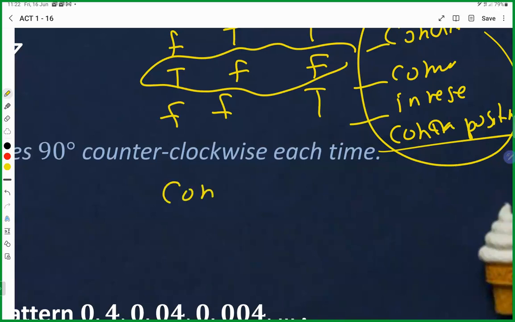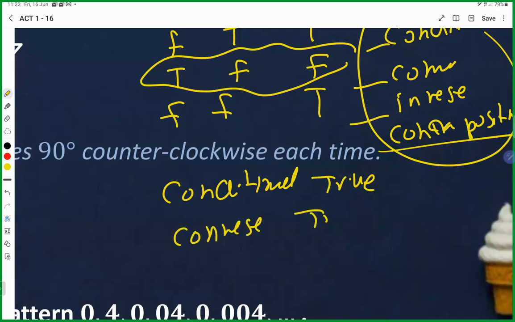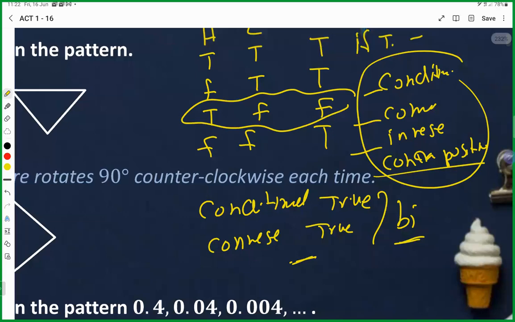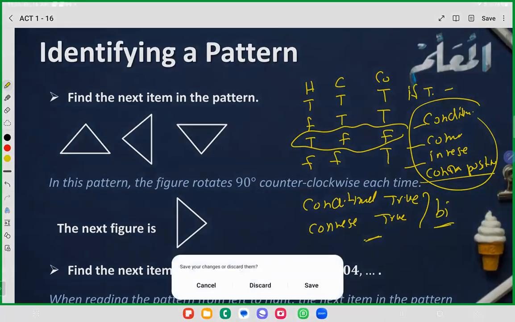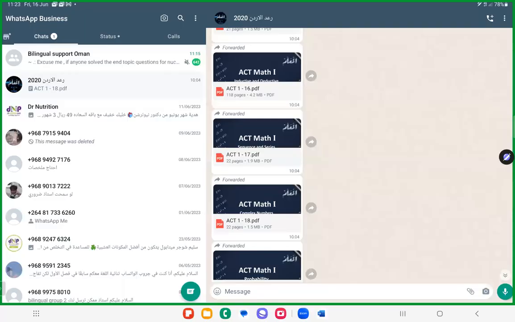If the conditional is true and the converse of that is also true, we say that this statement is a biconditional statement. Those 3 things to be remembered. It's a long chapter, I can't explain it because we have short time now.